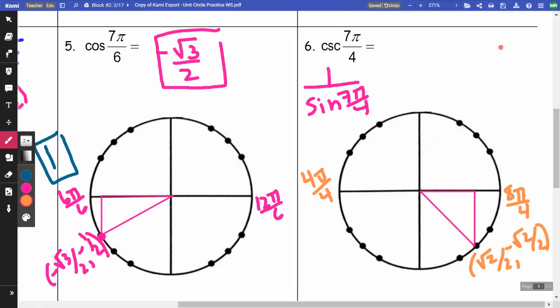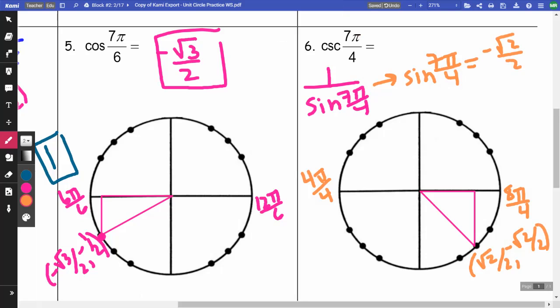And I want cosecant, which basically means I want the sine. So here, let me just jot down what the sine is. So sine of 7 pi fourths is negative root 2 over 2. So I am going to take this number right here, and I'm going to highlight it.